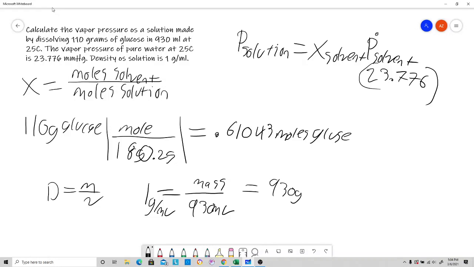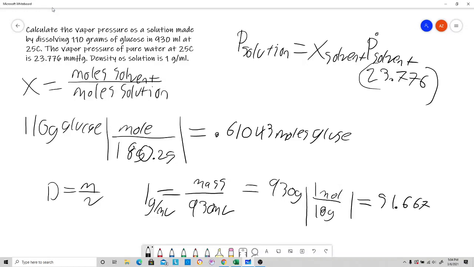Okay, so now we need to turn this into moles. In water, there is 18 grams per mole. So 18 grams, 1 mole. And then let's see how much that is. 930 divided by 18 is going to be 51.667.